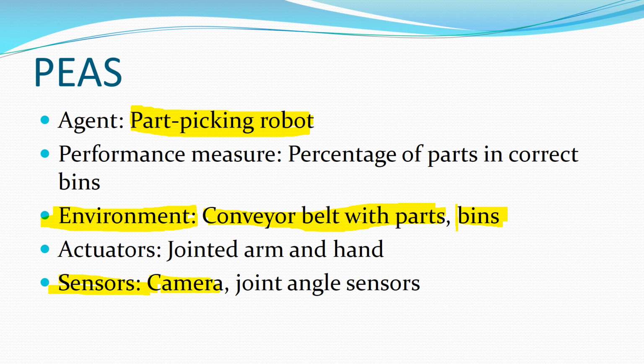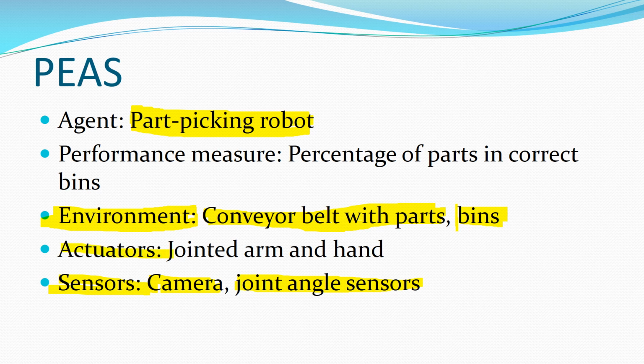Cameras are required to check which part is what, that is, to sense what is going on on that conveyor belt. So the camera is important here. After that, joint angle sensors are there which are going to sense what part it is, that is, what the shape of that part is and what the fabric or touch of that part is. Based on that, it is going to sense what part it is.